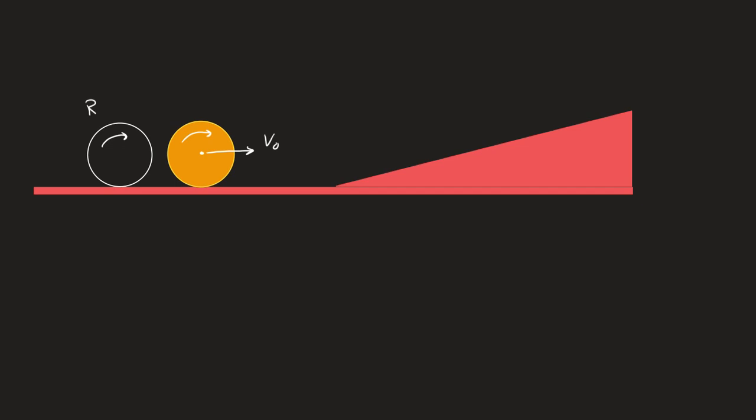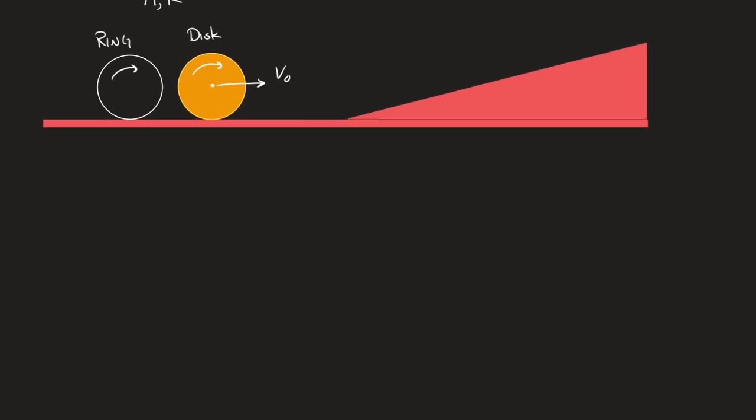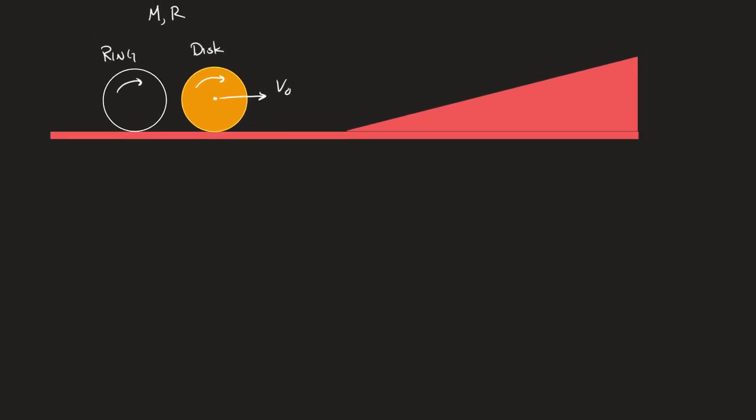Again, I have a ring and a disc, both mass m, radius r, and again, both rolling with the same linear speed v naught. There's a ramp, and the ramp is unique in that it's a frictionless ramp. Which one of these two things makes it higher up on the ramp?